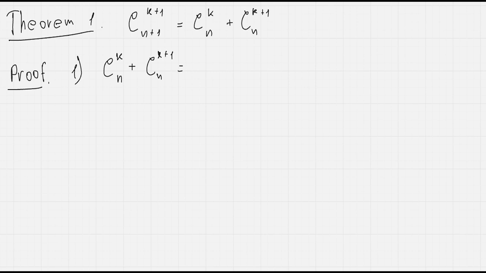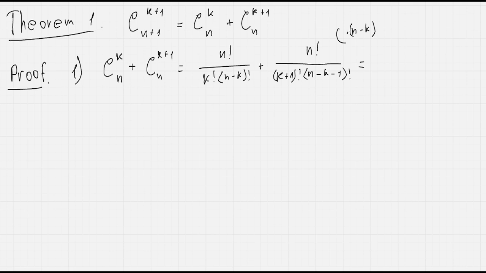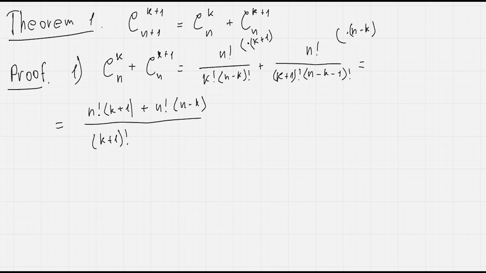C(n, k) plus C(n, k+1) is equal to n factorial divided by k factorial and (n minus k) factorial, plus n factorial divided by (k plus 1) factorial and (n minus k minus 1) factorial. That is, n factorial multiplied by (k plus 1) plus n factorial multiplied by (n minus k), divided by (k plus 1) factorial and (n minus k) factorial.